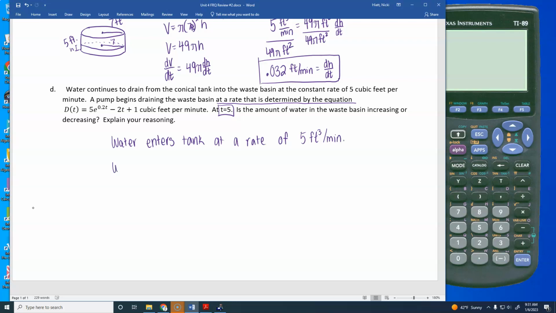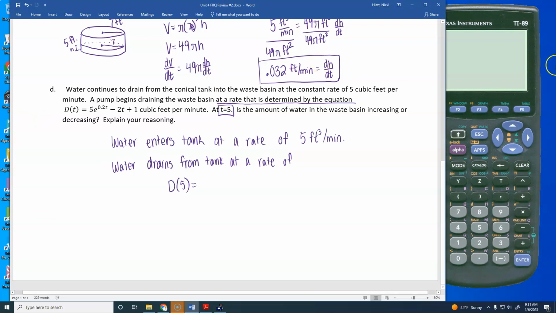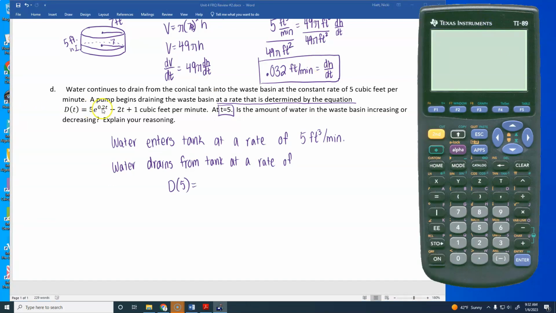So water drains from the tank at a rate of, how are we going to find that? Plug 5 into our equation. So D of 5 is going to be, this is calculator active, so you don't have to write down 5e to the 0.02t. You don't have to write all that down.